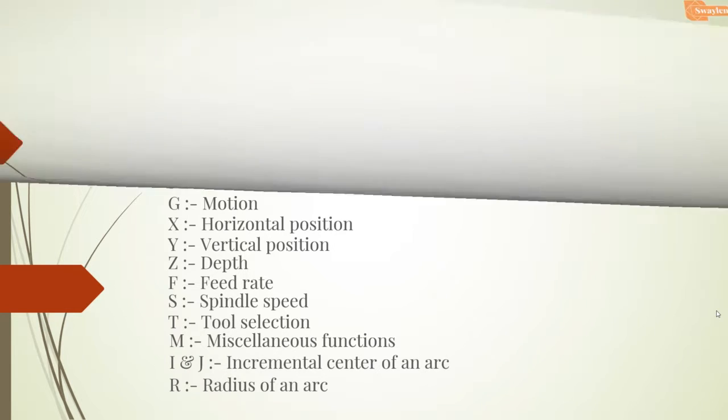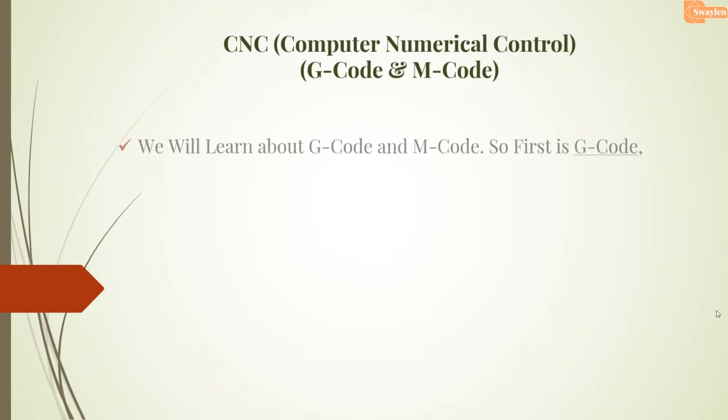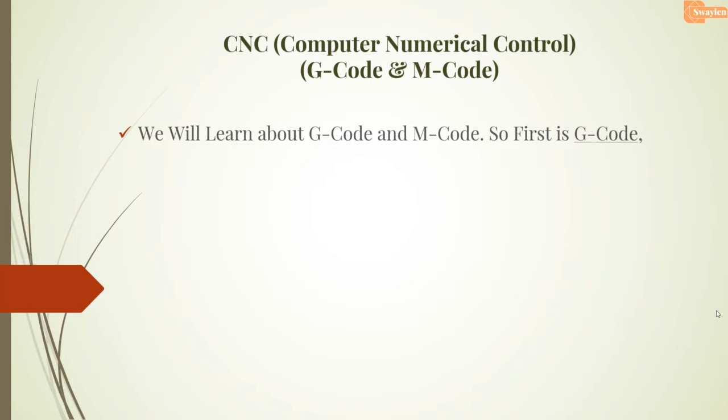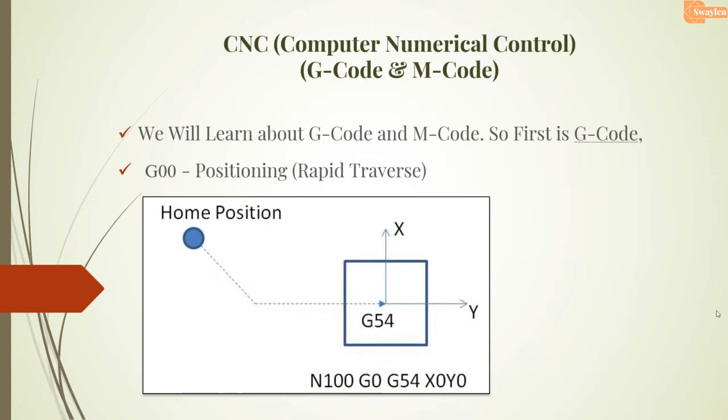Now, we will learn about G code and M code. So first we will discuss the G code. This is G00 for positioning, means the rapid travel for tool. You will see these images indicate the G00 path.